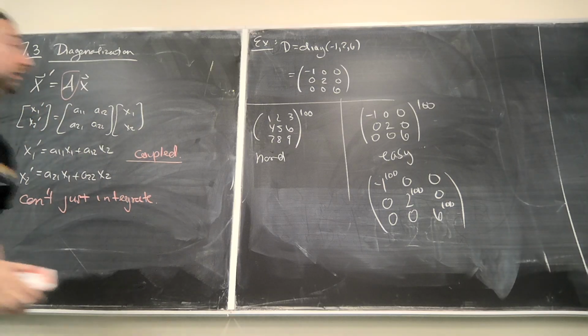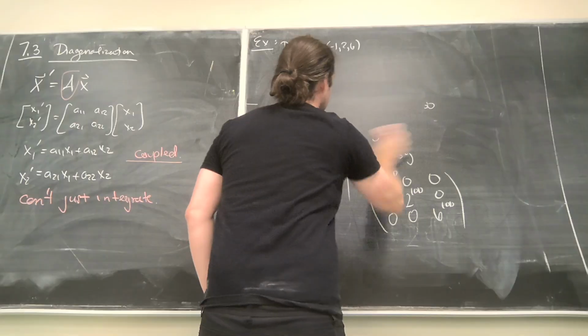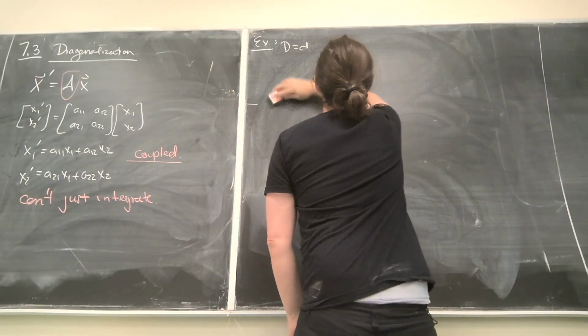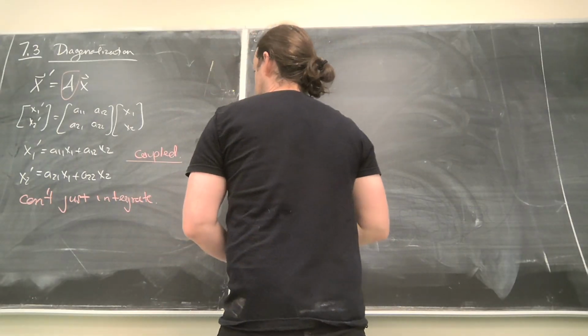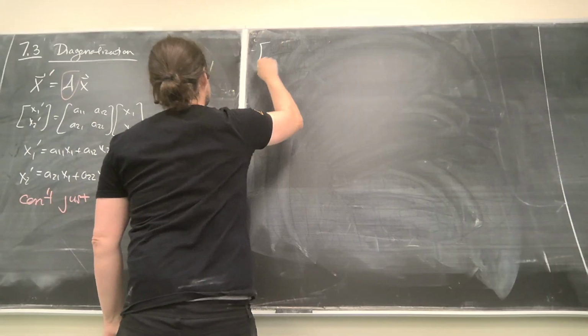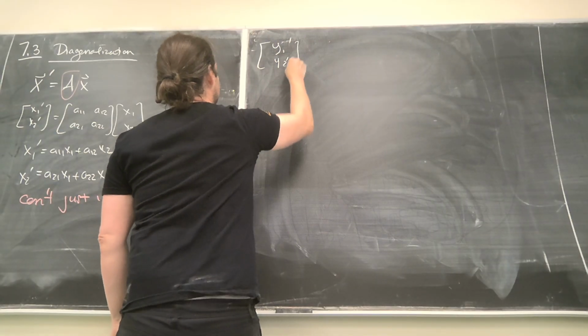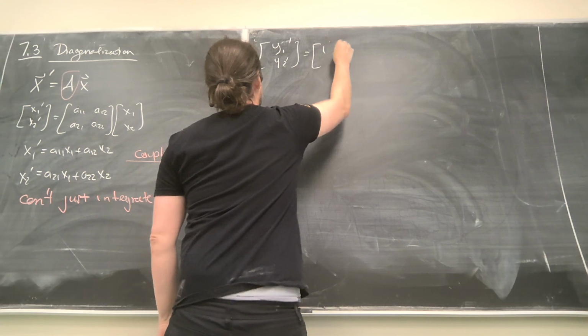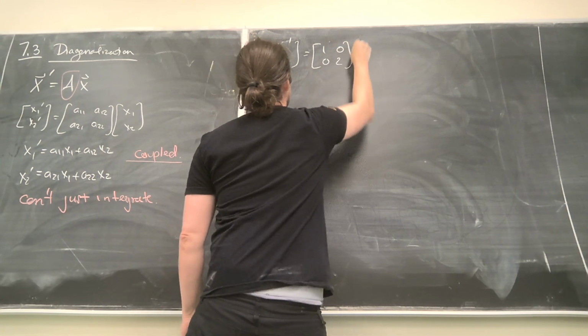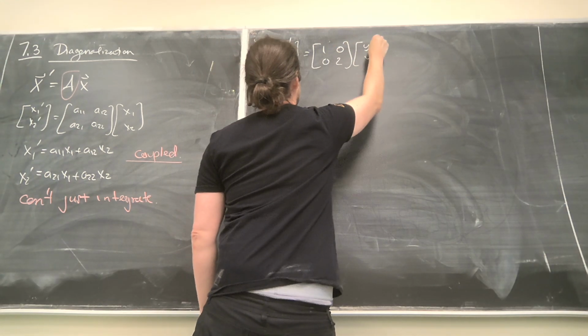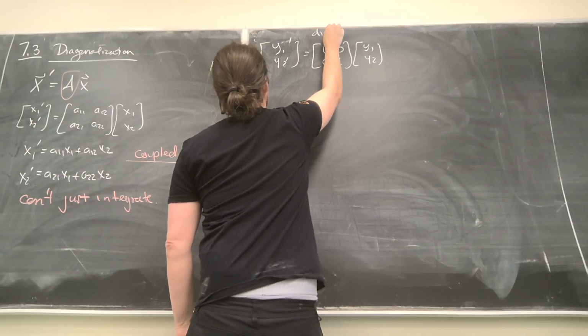On the other hand, if I gave you a setup like that and the matrix was diagonal, so if I gave you a different system, like, I don't know, y1 prime, y2 prime was equal to 1, 0, 0, 2, y1, y2, where now this is diagonal.